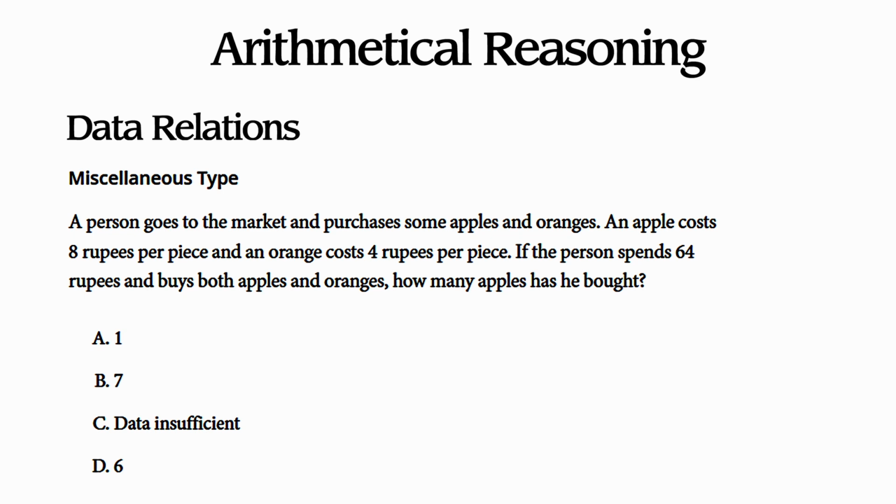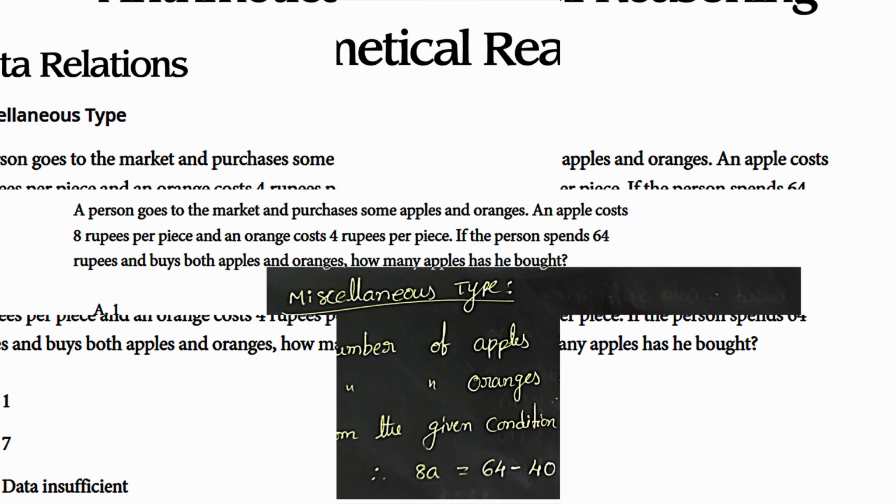A person goes to the market and purchases some apples and oranges. An apple costs 8 rupees per piece and an orange costs 4 rupees per piece. If the person spends 64 rupees and buys both apples and oranges, how many apples has he bought? Here we have some options. Let us answer it.